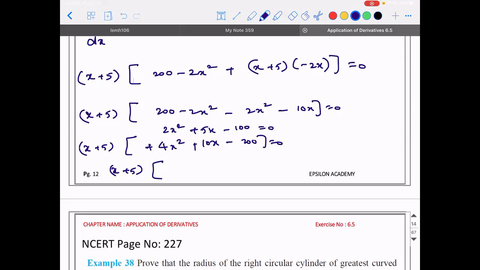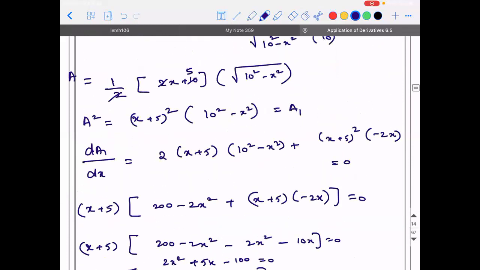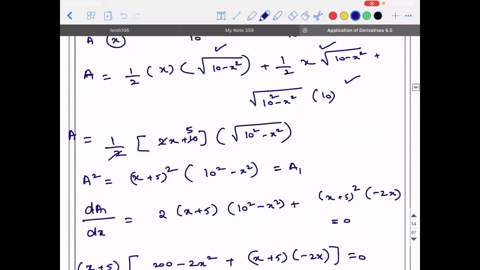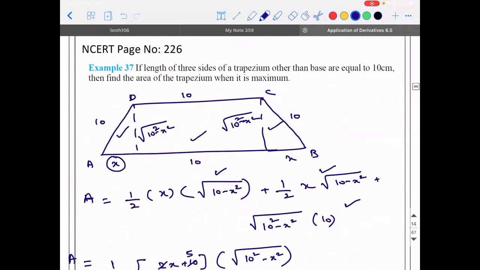Sir, in the top, I think you didn't add the sum of parallel sides, sir. No, I didn't use that method itself. I use the normal method of half into the sum of the triangles plus the area of the rectangle.